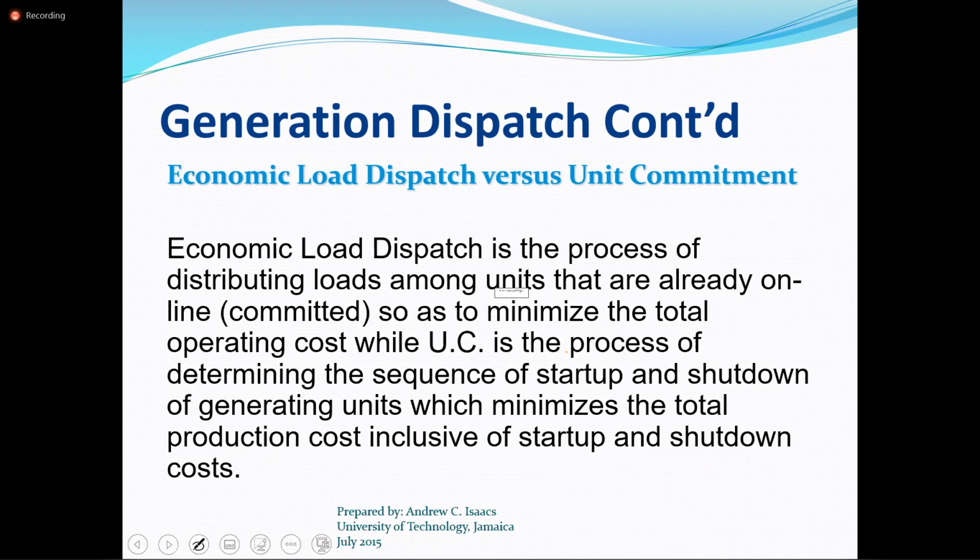Because depending on which unit and how much load a particular unit is carrying, it's going to cost you a certain amount. Right? Because of the operation of the units, the cost of the fuel that they're going to be using is a consideration.